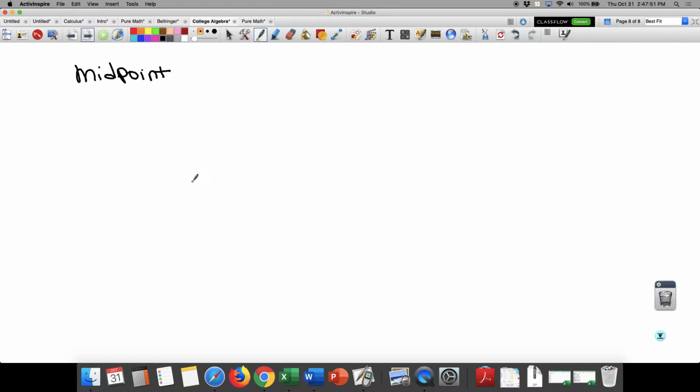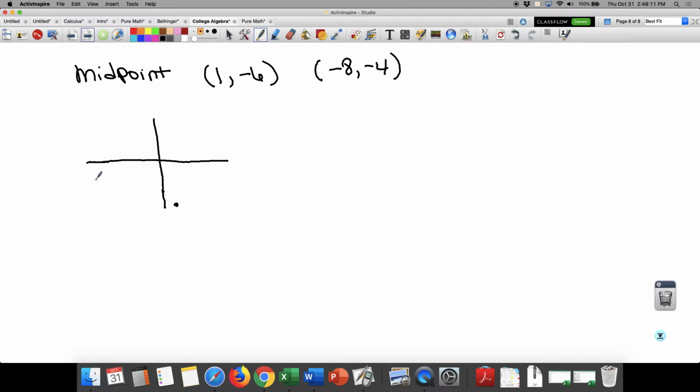Let's find the midpoint between (1, -6) and (-8, -4). So what I want to do is I want to graph this for you. You've got (1, -6), let's say that's about right here. And you've got (-8, -4).